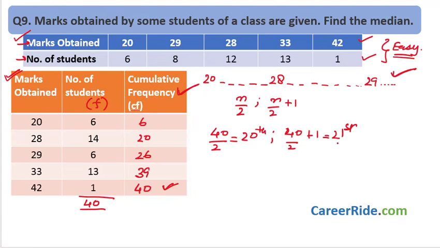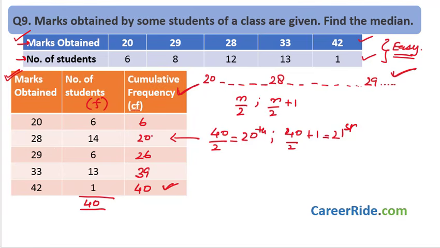Now come to the orange table again. What is the data at the 20th position? The 20th position would lie here. First 6 students scored 20 marks. Next 14 students scored 28 marks, right?